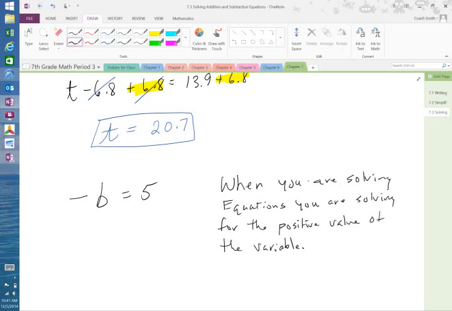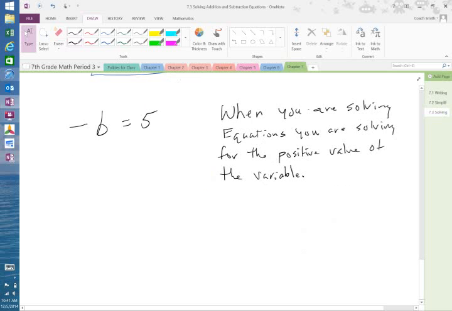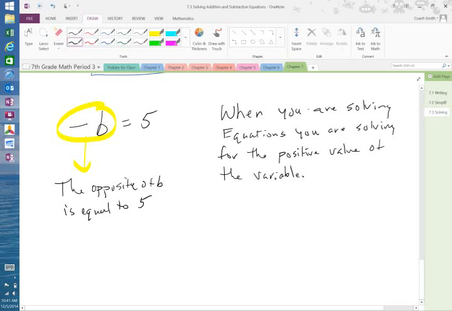Now, basically what this says right here is the opposite of b is equal to 5. So if the opposite of b is equal to 5, then what would b have to be equal to? Negative 5.